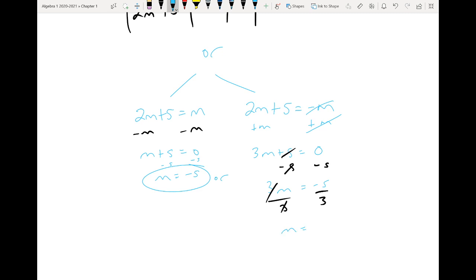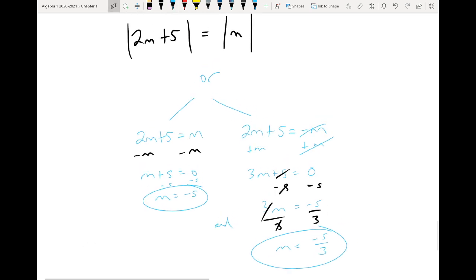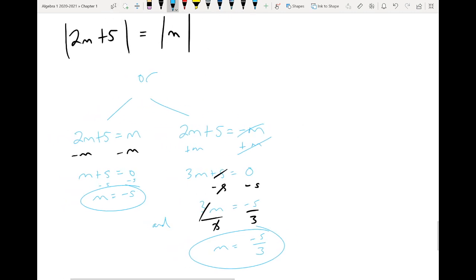And m is going to be equal to negative 5/3. So that is my, actually it winds up being a conjunction because both of these work. Now, what you need to do is make sure that this works. So you have to check, okay? Have to.